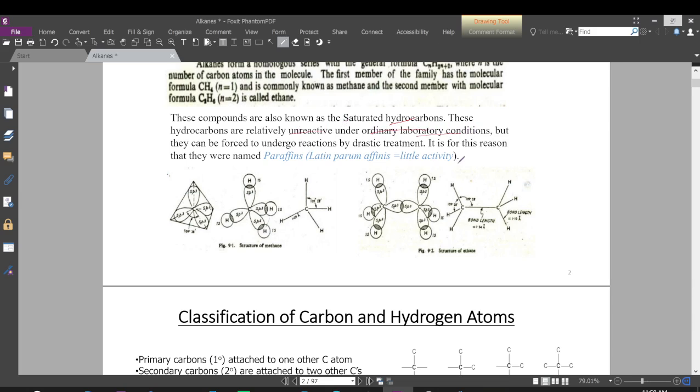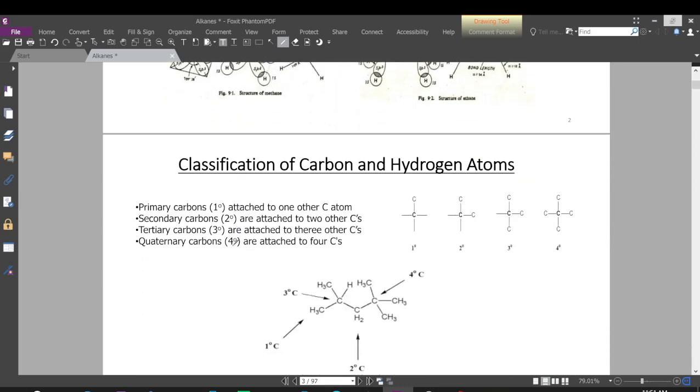Because the carbon-carbon single bond, which is a sigma bond, is really strong, it does not tend to react with other molecules, so it remains unreacted in some reactions. That's why we call the alkanes paraffins. The Latin words parum affinis mean little activity, so its activity is really little, that's why we call this paraffin.